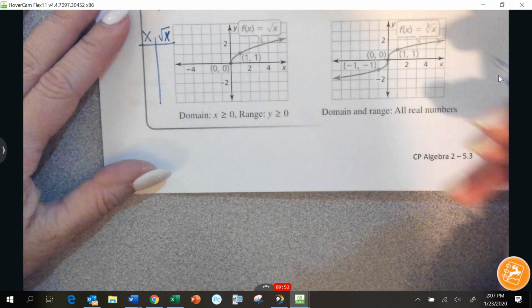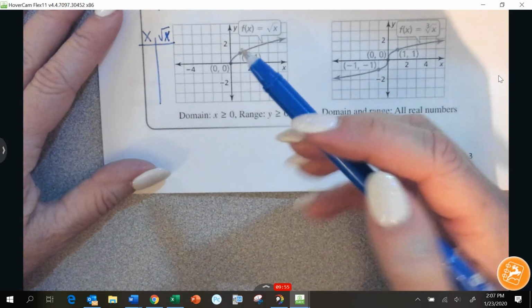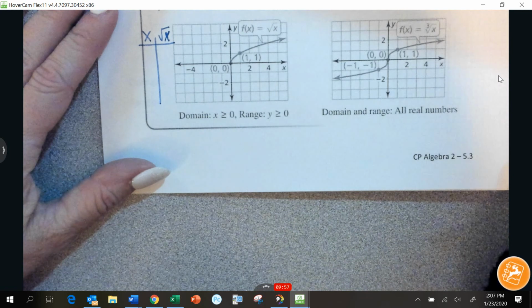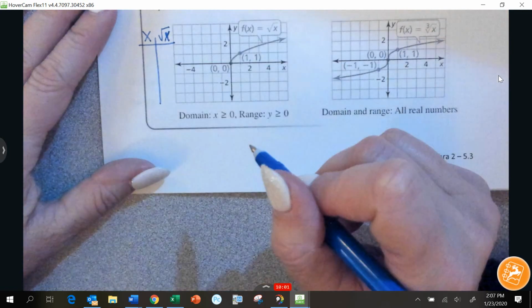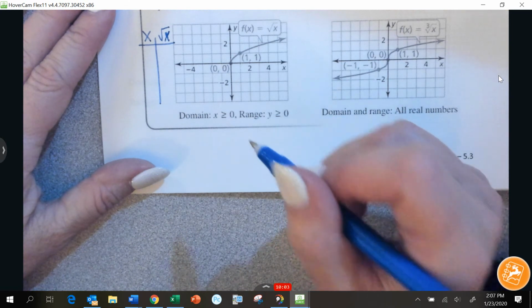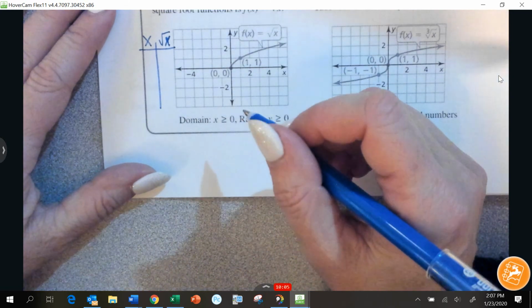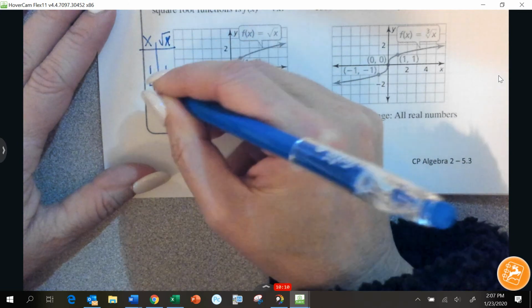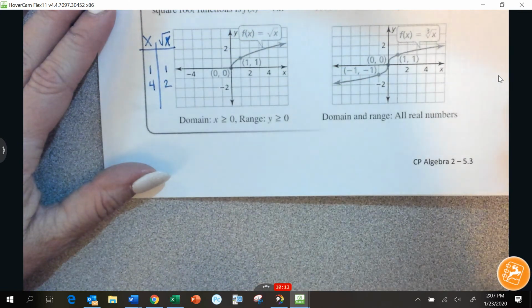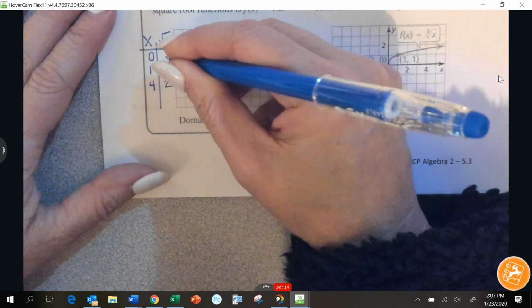I'm not going to do -2, -1, 0, 1, 2. What can I take the square root of? 1. 4. Okay, 1's one of them. The square root of 1 is 1, the square root of 4 is 2. 0. I can take the square root of 0, that's 0.